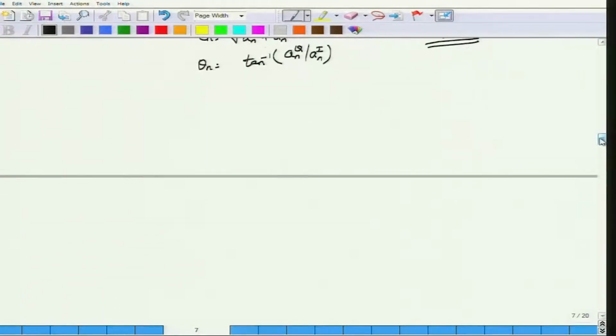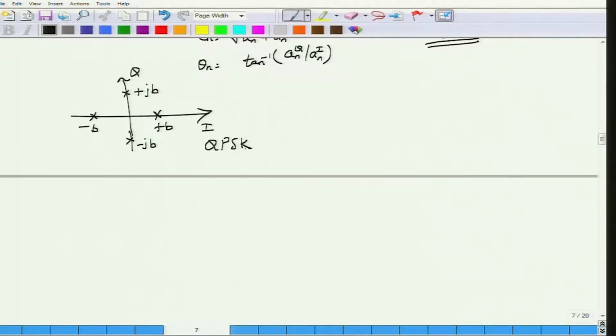Now, if I plot this in the I and Q plane, this will be the complex I and Q plane: plus B will be here, this is plus jB, this is minus B and this is minus jB. So, this is called quadrature phase shift keying.